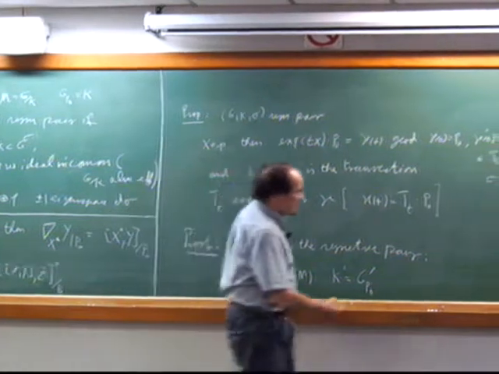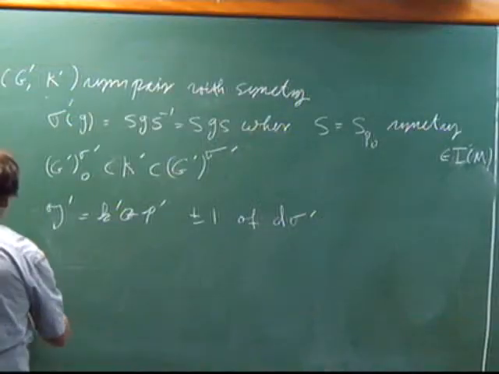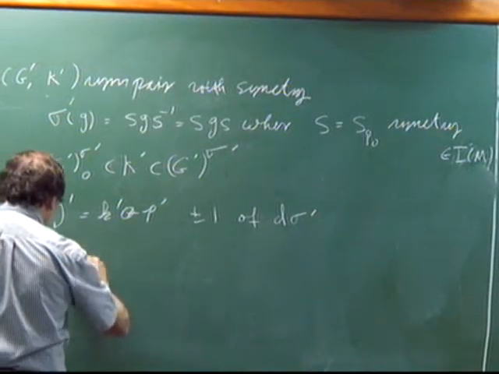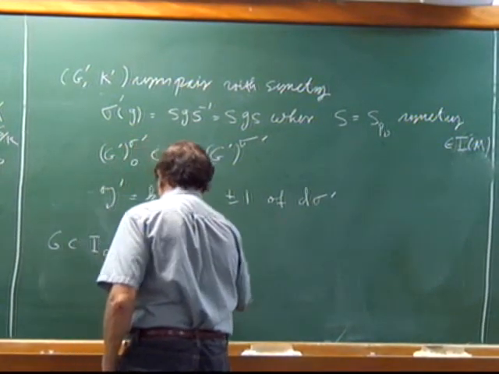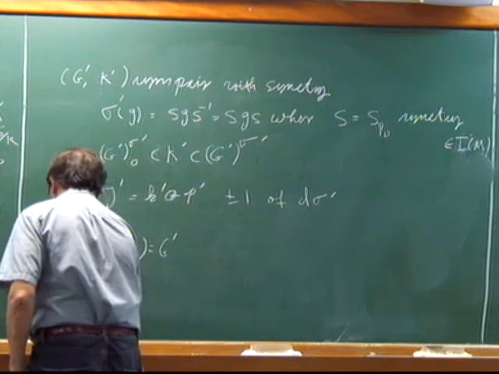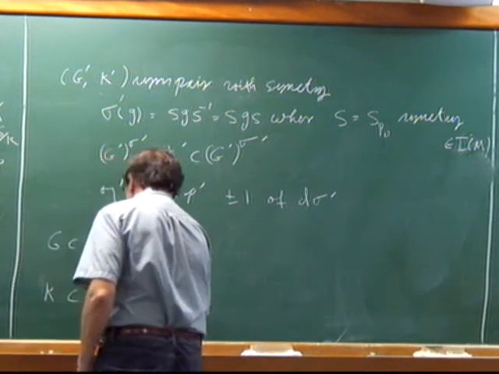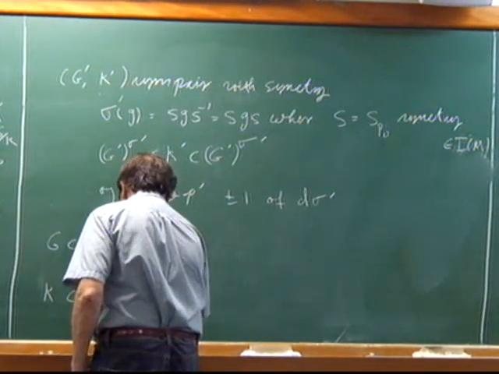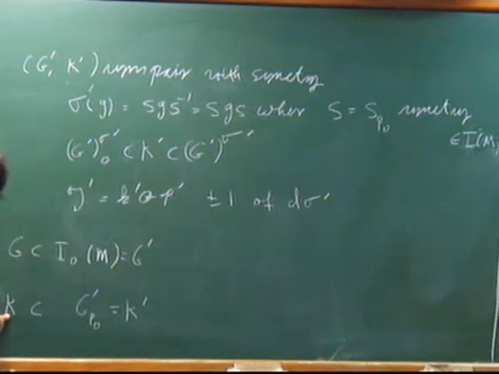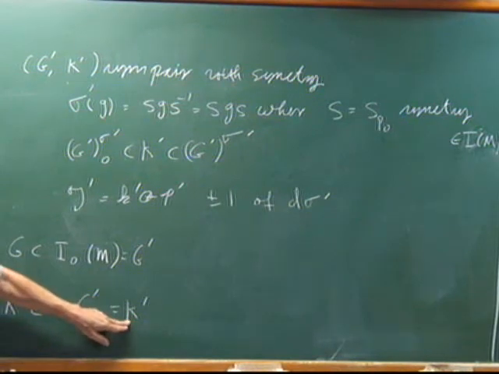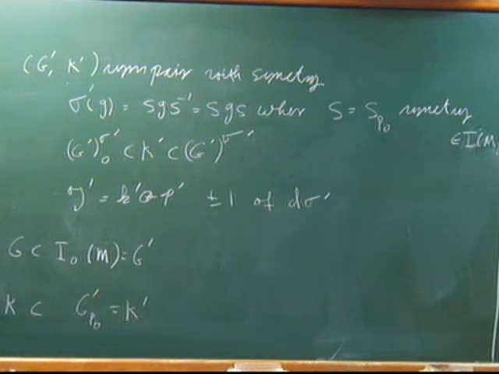Of course, G sits inside I0 of M, which is G prime, and K sits inside G prime at p naught, which is K prime. Because K was the set of all things in G that fix the point, and that's K prime. Right? Because the pair is assumed connected.